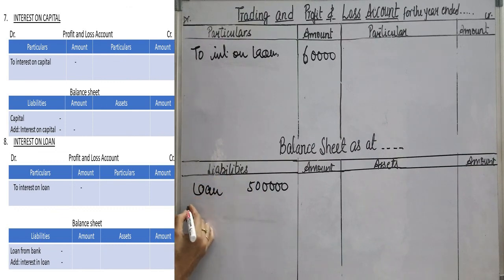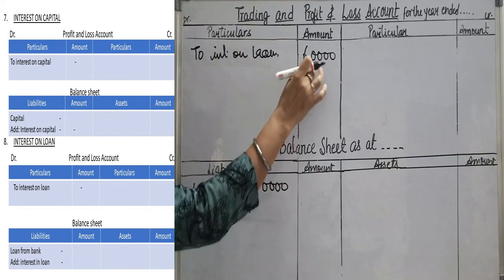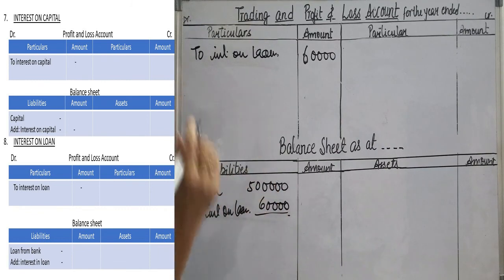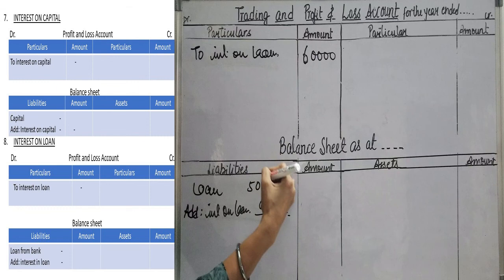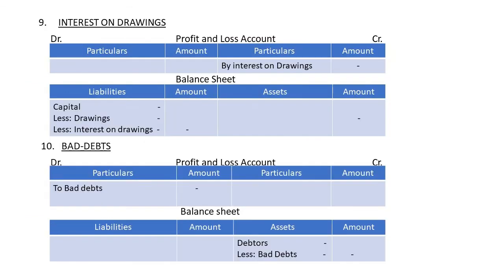To this we will add interest on loan, which was calculated at 60,000, right? 12% of 5 lakhs. So now the total amount of loan will be 5,60,000.